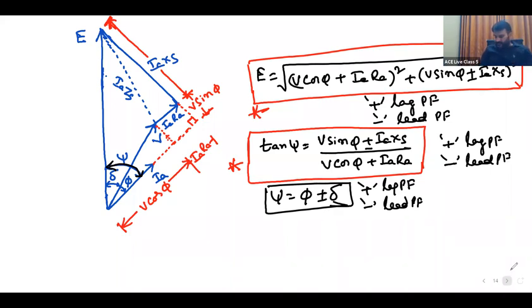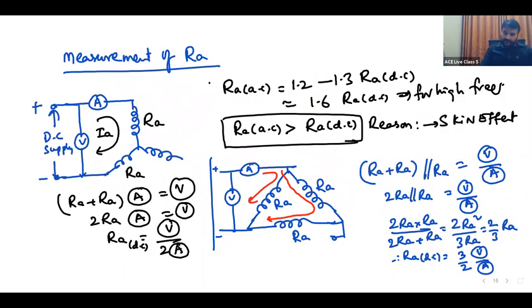Instead of that, if you are interested, you can also draw the phasor diagram like this. This is V reference, V. And this is IA, lagging power factor. Now this is IARA, in phase.